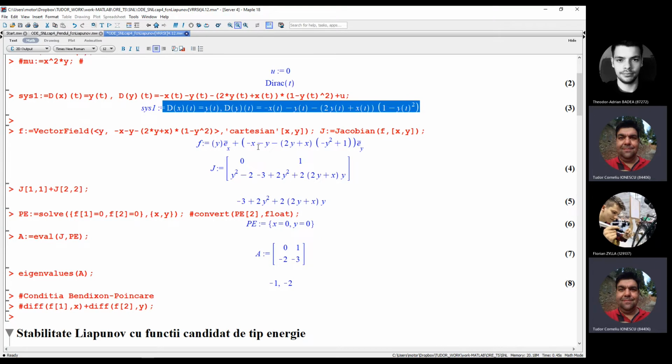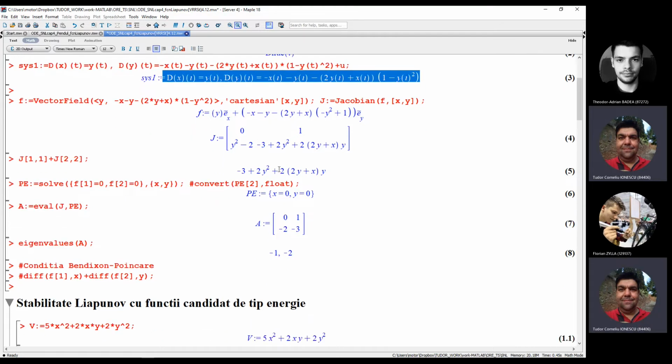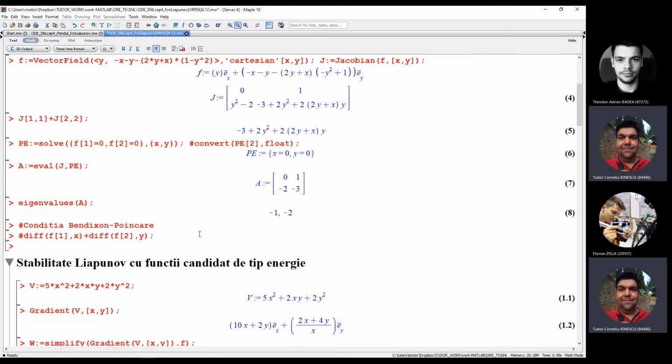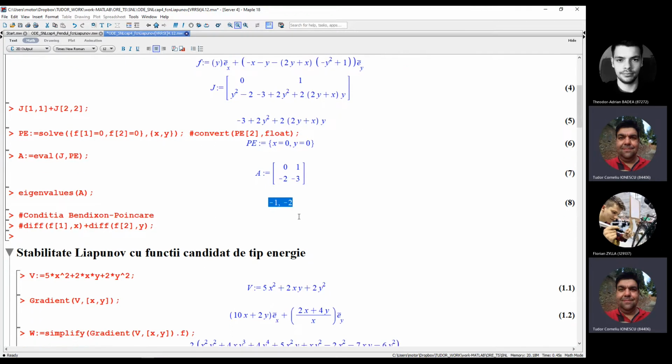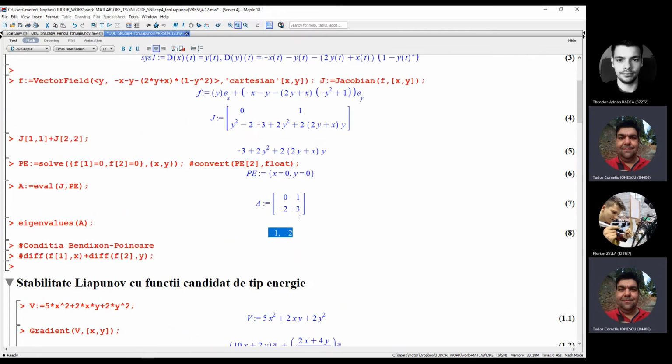And this is the Jacobian. So essentially there is the possibility to have a limit cycle, because this can be 0. The origin is the only equilibrium point. And if you look here closely, the origin is actually asymptotically stable.